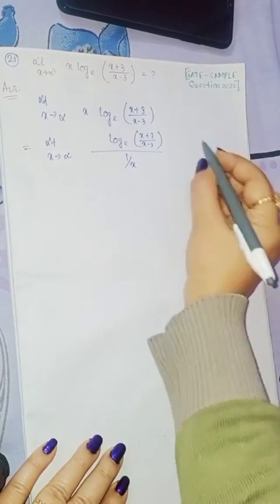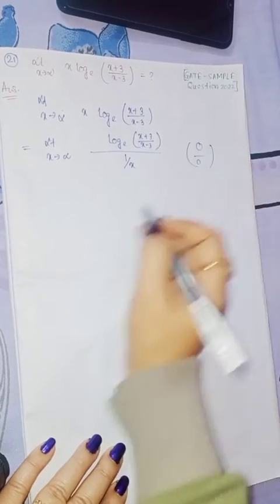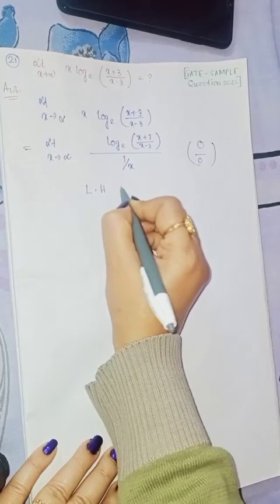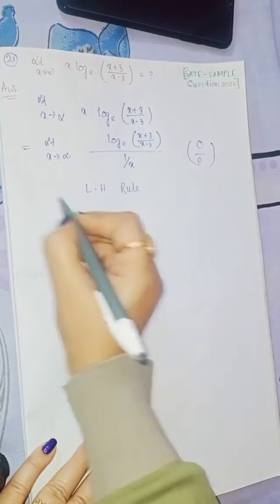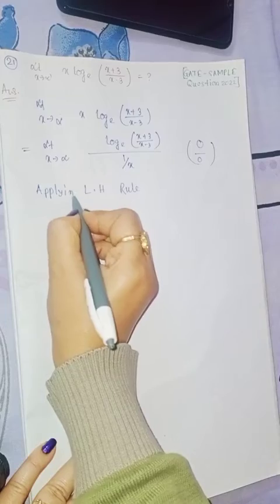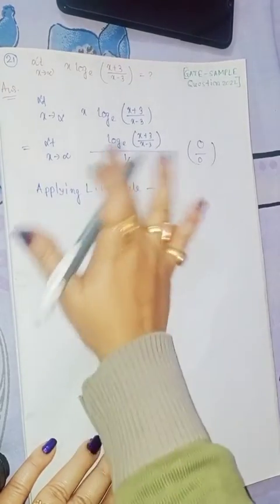So now it shows that it is 0 by 0 form. So applying L'Hospital rule, now take the derivative of this.